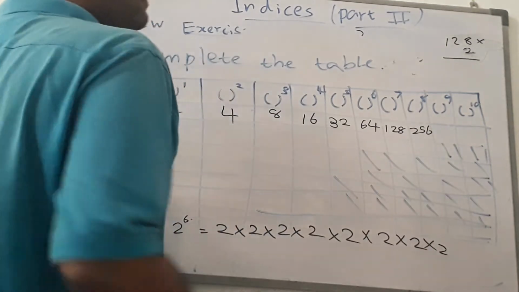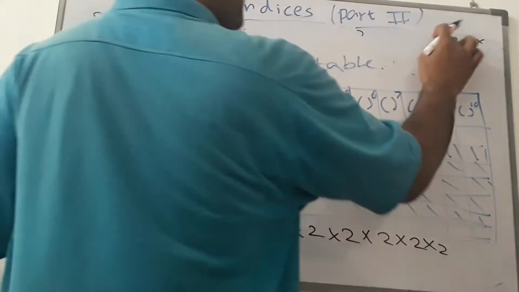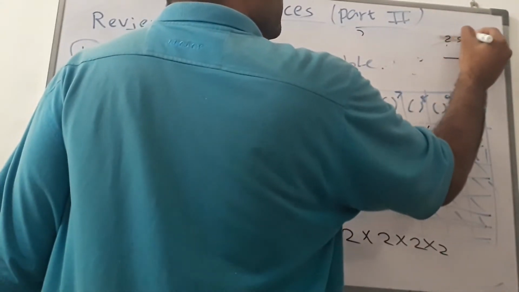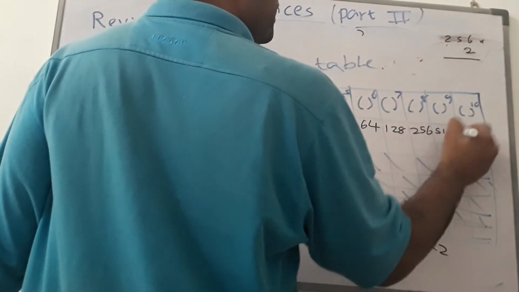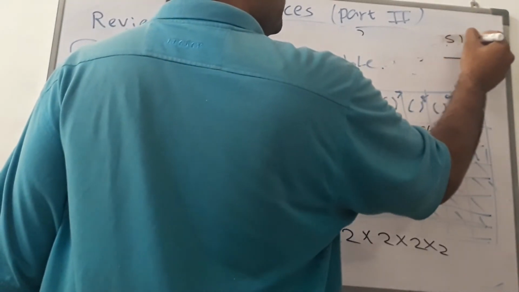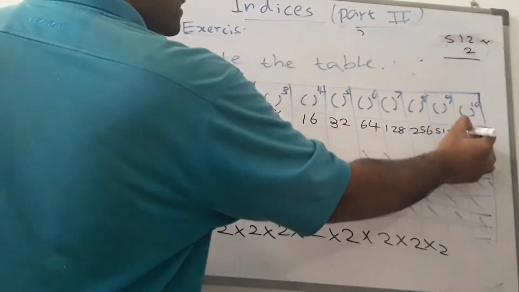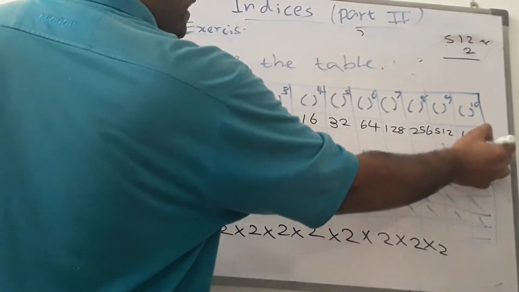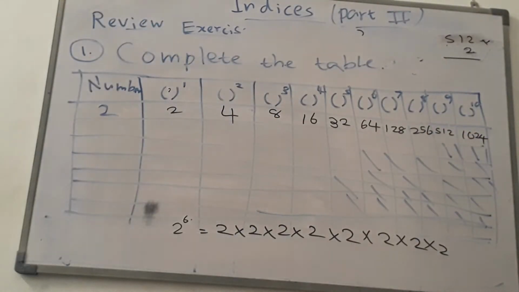Check and see. And 256 by 2 means 512. 512 by 2 means 2 to the power 10 means 1024. Check and see.